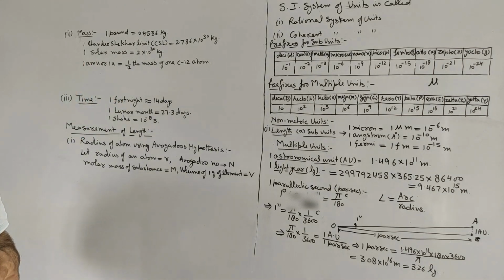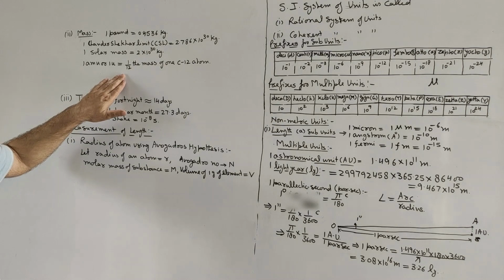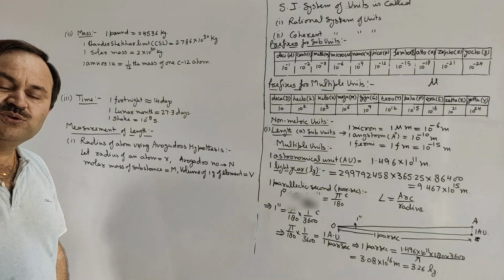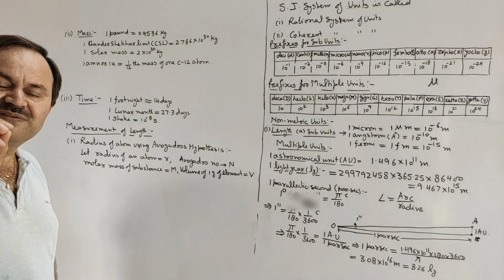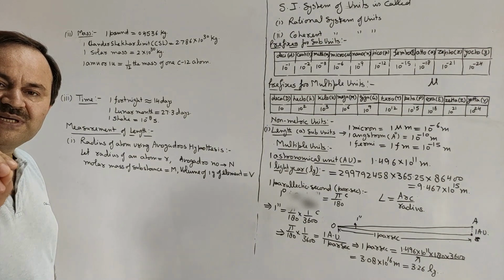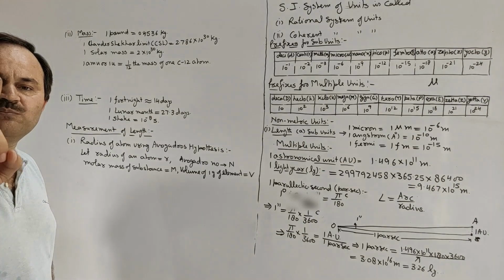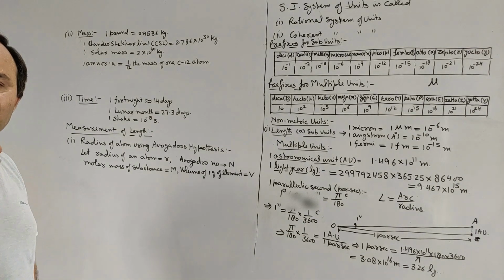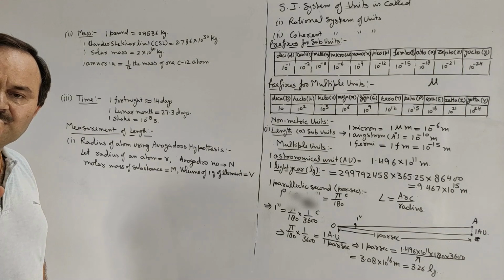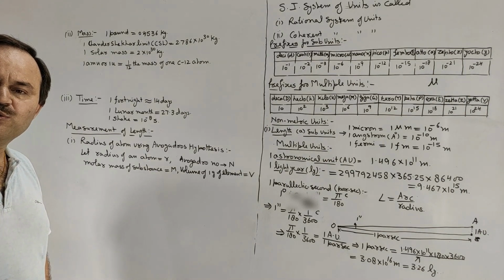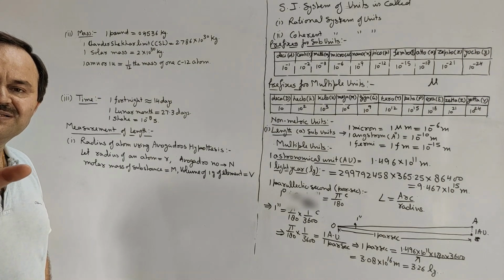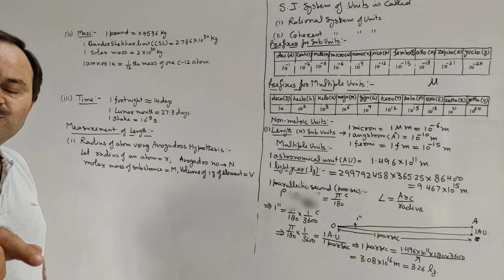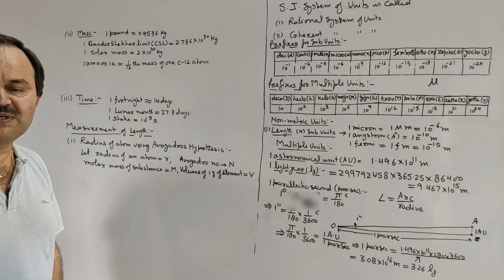And how to define 1 AMU? 1 AMU is 1 by 12 the mass of 1 carbon 12 atom, and we know that the atomic mass of carbon is 12. So if we take 12 kilogram of carbon, then it will form 1 kilogram mole of carbon, and 1 kilogram mole of carbon will have 6.023 into 10 to the power 26 constituent particles, that is 6.023 into 10 to the power 26 atoms of carbon 12.